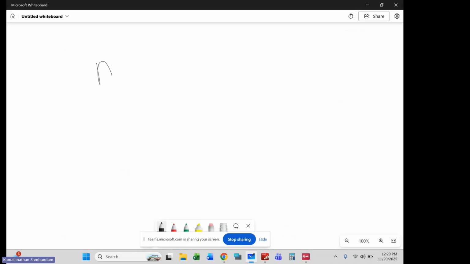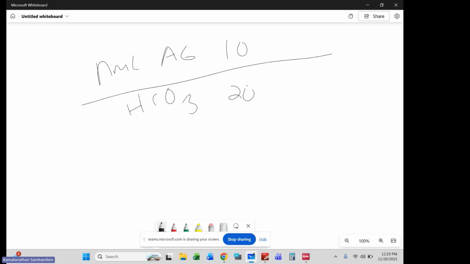If my normal anion gap, let's just say, is somewhere around 10, okay? And my serum bicarbonate in this hypothetical patient is, let's say, 20. But the anion gap in this patient is, let's say, 20.